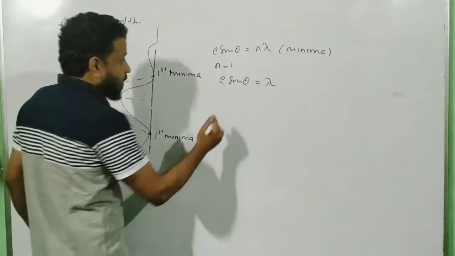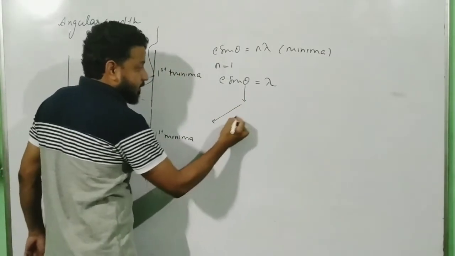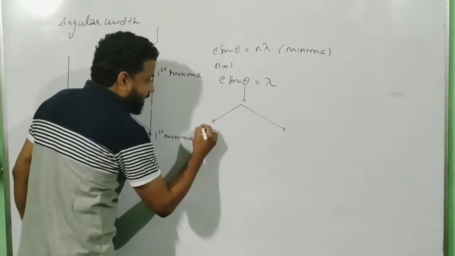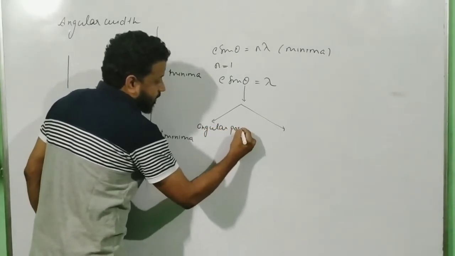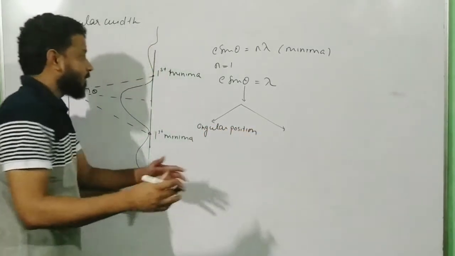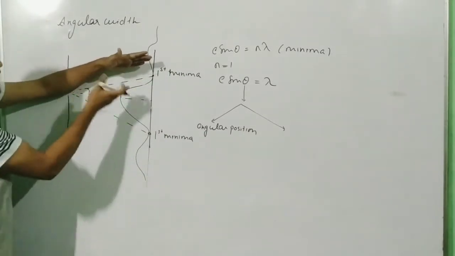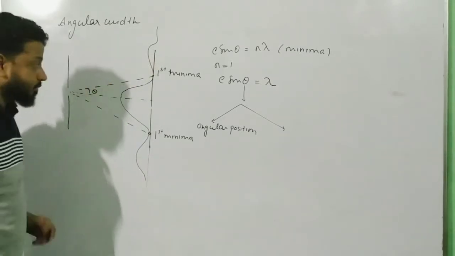Correct? What is this theta here? Here comes the two ways of understanding theta. You can say that theta is the angular position. That is one clear way: where is the minima? Minima is at an angle of 30 degrees, 40 degrees, 15 degrees, anything you want to say. That's fine.